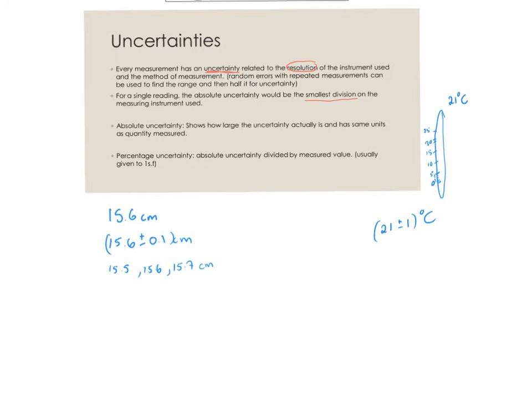Usually the better the resolution of an instrument, the more precise your values will end up being. However, let's move on from that. Random errors with repeated measurements can be avoided as well by taking repeated measurements, but I'll go into it a little bit more as we start doing the experiments and analyzing them.